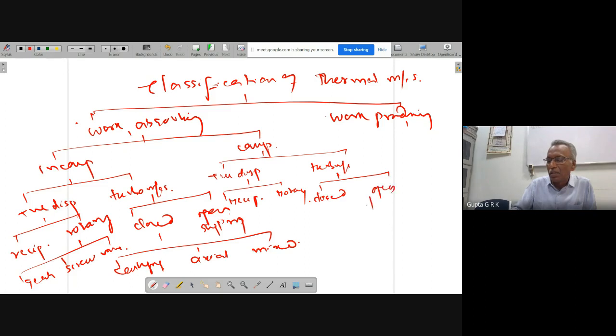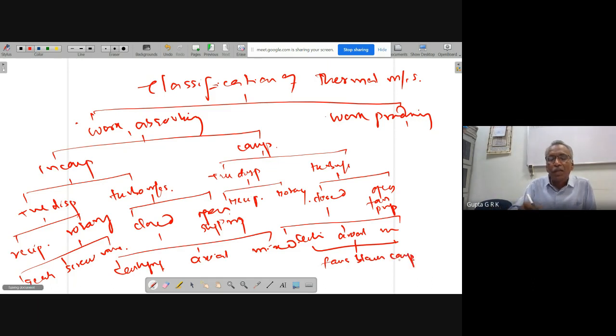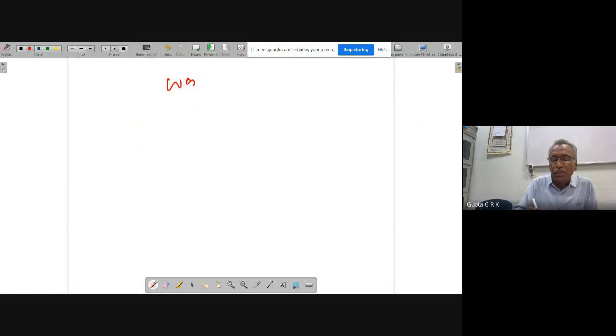So here ceiling fan, propeller. And in the closed again we have centrifugal, axial, mixed, and also another classification like fans, blowers, compressors.